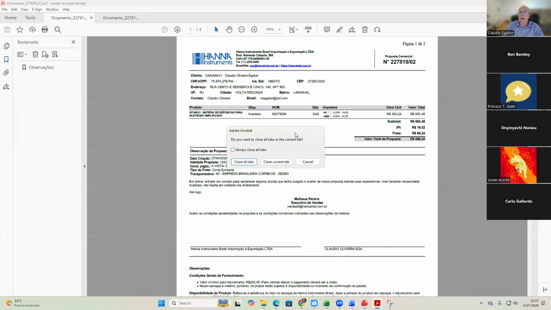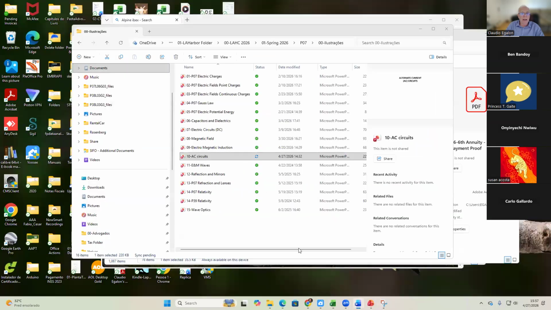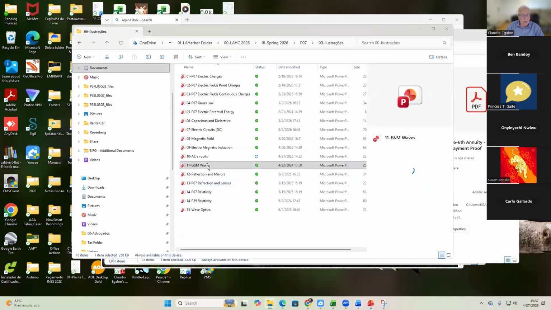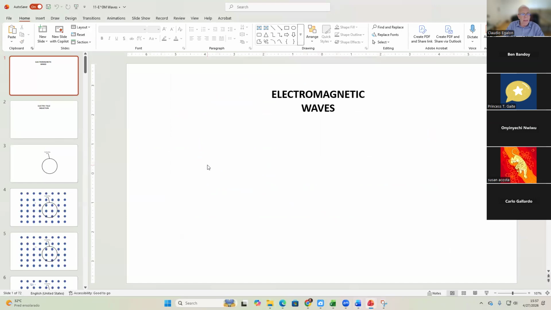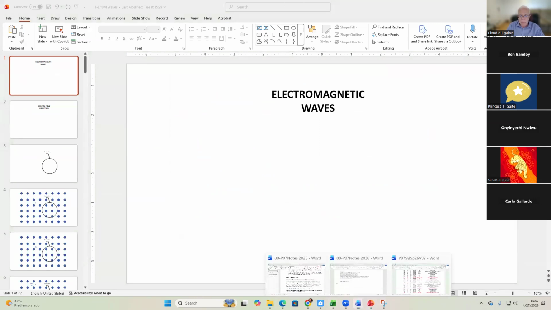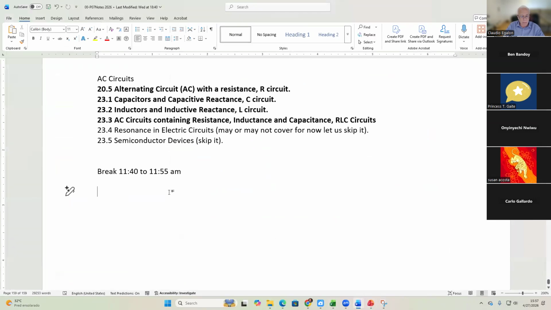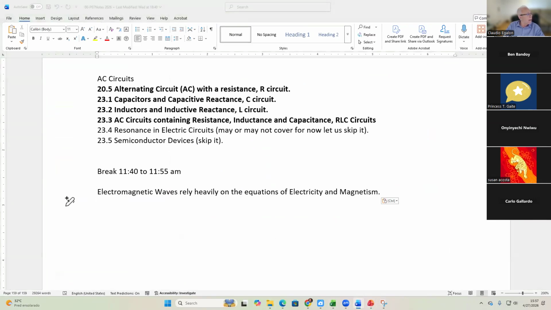Your cell phone uses electromagnetic waves to communicate, for us to communicate with each other. And electromagnetic waves rely heavily on the equations of electricity and magnetism. Let's write that down. Electromagnetic waves.